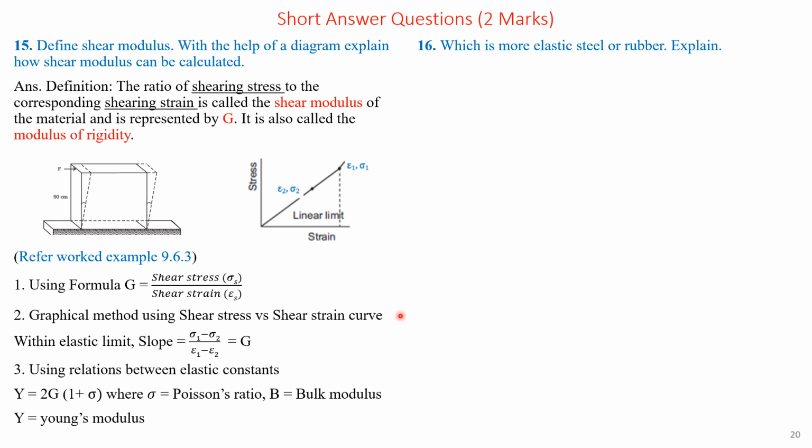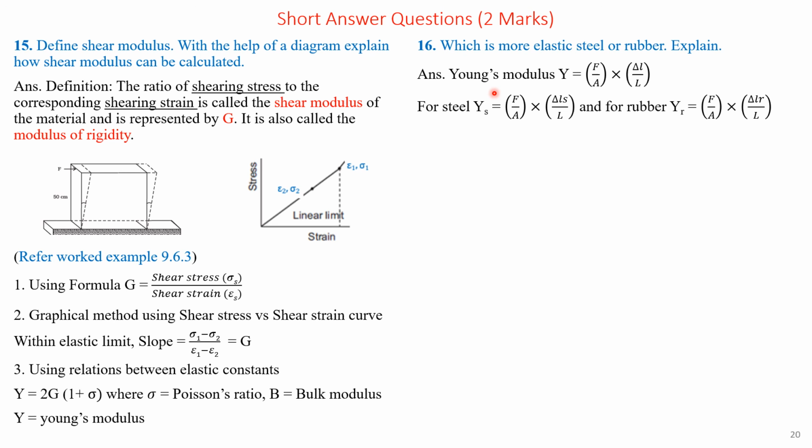Question number 16. Which is more elastic, steel or rubber? Answer. The Young's modulus Y is given by F by A is equal to delta L by L, and similarly we can calculate the Young's modulus for both steel and rubber.